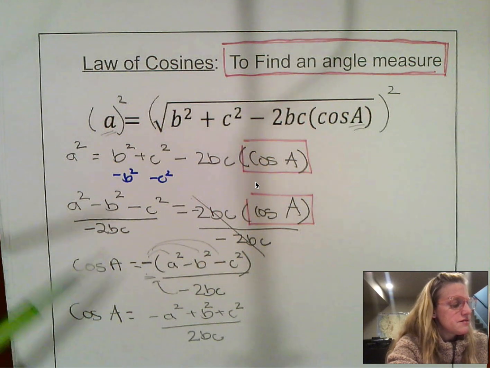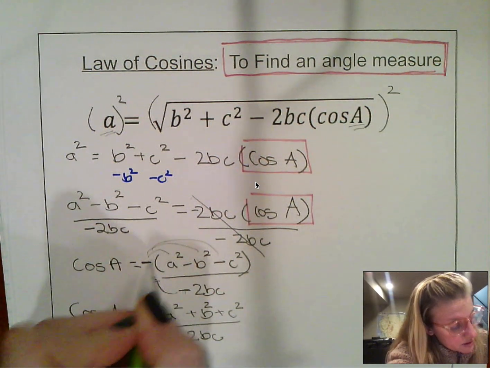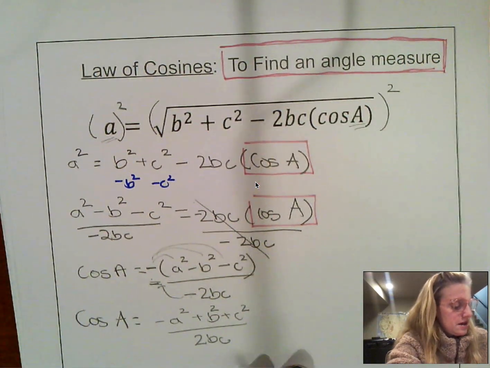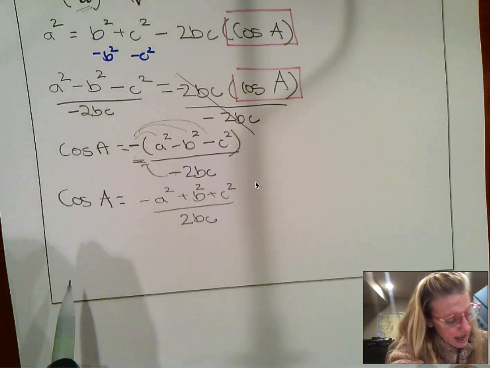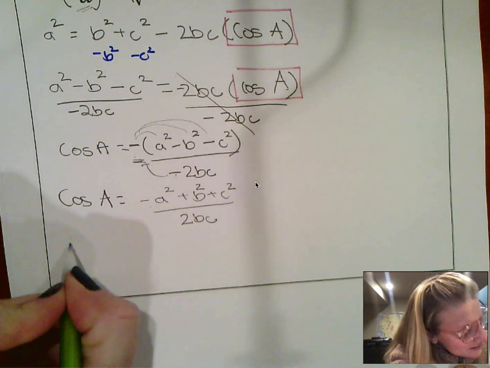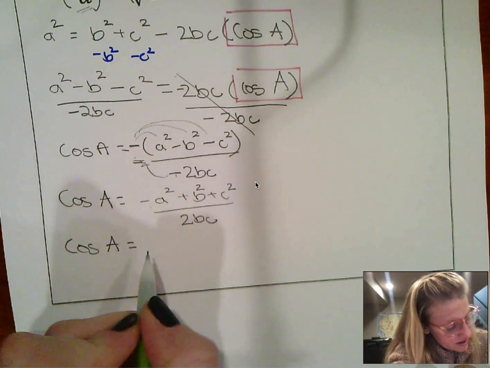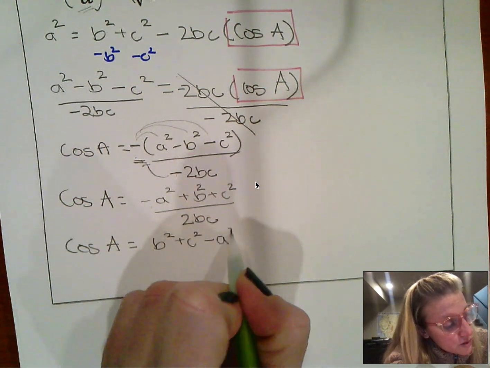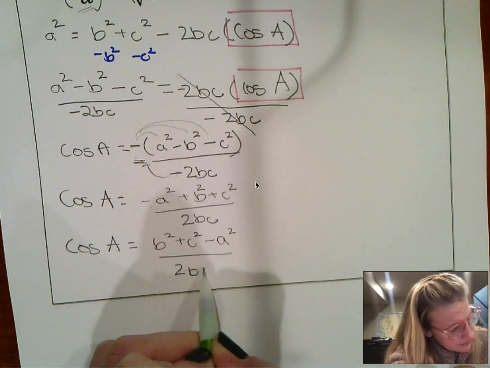The only reason for that step really is to take this negative and move it up to the numerator, which is just a little more common. So there was nothing really that changed that much there, but it's a step. All right. And then I still don't really like how this looks. I don't like this negative in front. So this step isn't necessary, but it does explain where things come from. Plus c squared, or it explains why the formula ends up being what it is. Then all over 2bc.